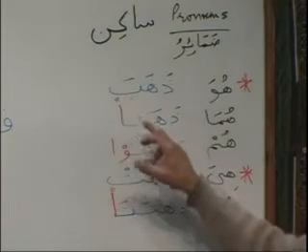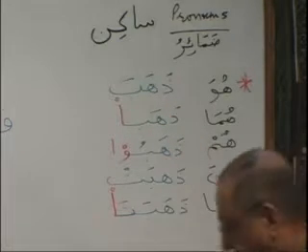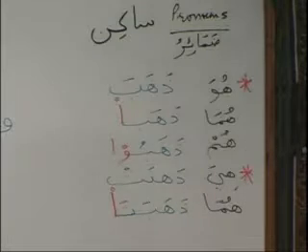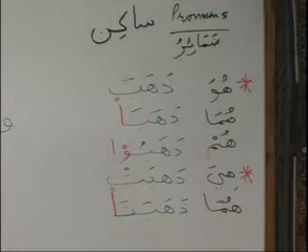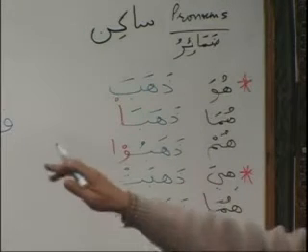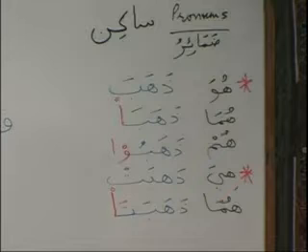Here, zahaba. On the lam kalima, there is a harakat. What happens there? It gets a sukoon. Why does it get a sukoon there?